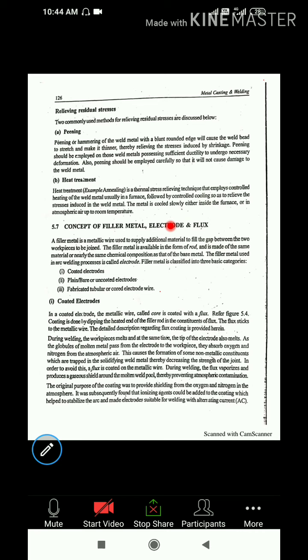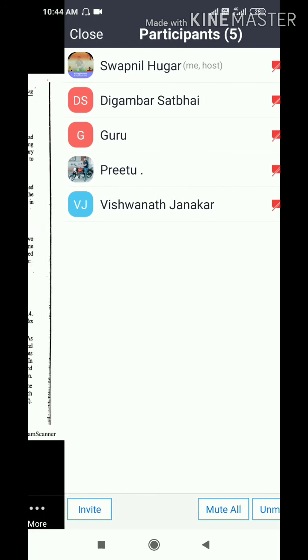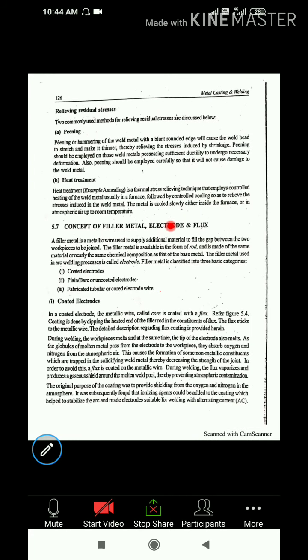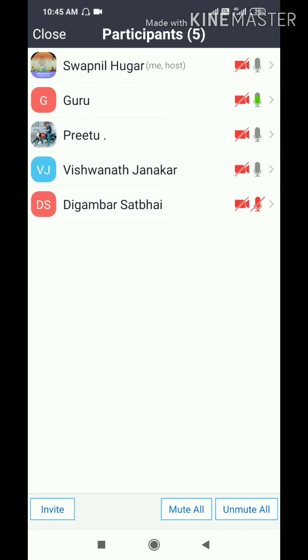Okay students, you can unmute your mics. If you have any doubt, you can ask. Do you have any doubt so far? Pritam, do you have a doubt? Digambar, any doubt? Guru, Guru Vishwanath.